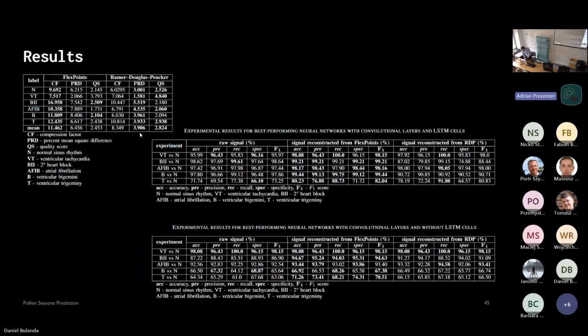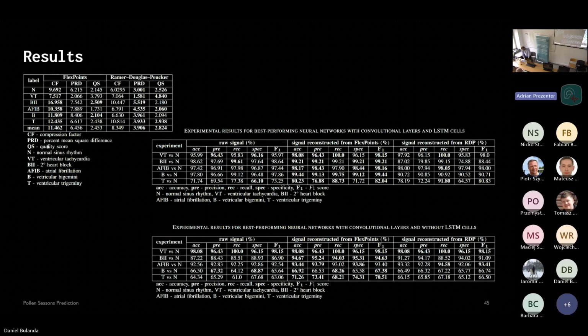Okay, and the results are quite promising. The table here shows the behavior of the flex point algorithm compared to the Ramer-Douglas-Peucker algorithm, which may be treated as a competitor to the flex point algorithm.